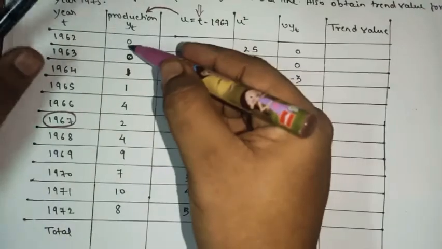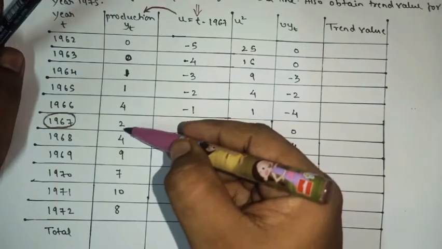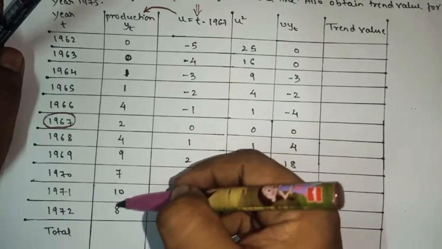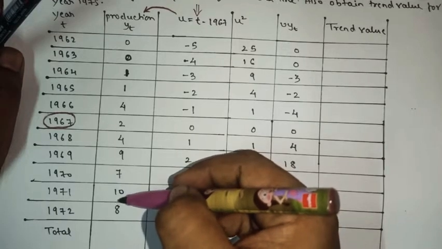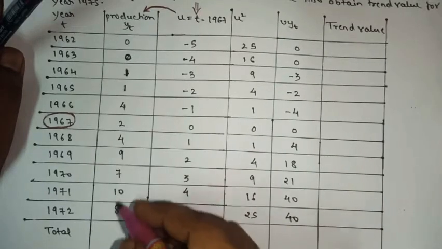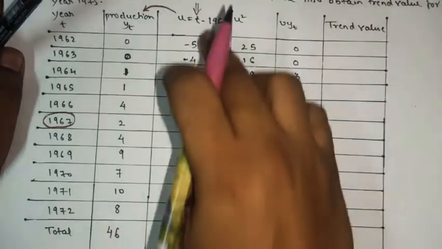So here 0 plus 0, 2, 6, 7, 8, 4 plus 9, 7, 10. So this will be what, 30. So plus 8, so you will get 46 here. We'll check for this.